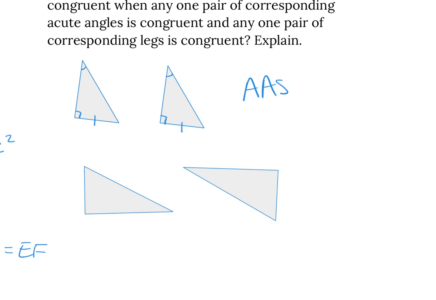All right, so this, again, our acute angle is congruent. So we'll say this acute angle. We've got our right angle. This would be our acute angle. We've got our right angle. And then the corresponding leg is congruent. Okay, so with this, I would be able to prove it through angle, side, angle.